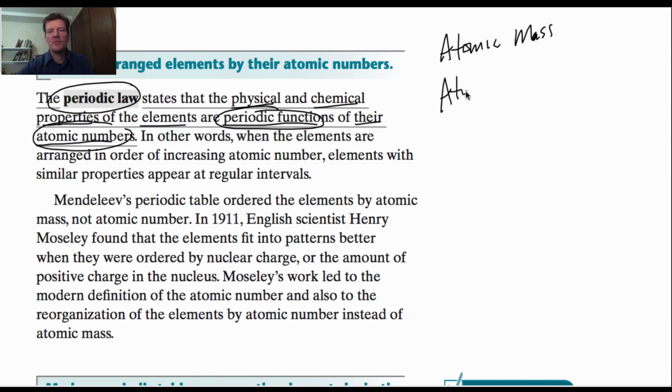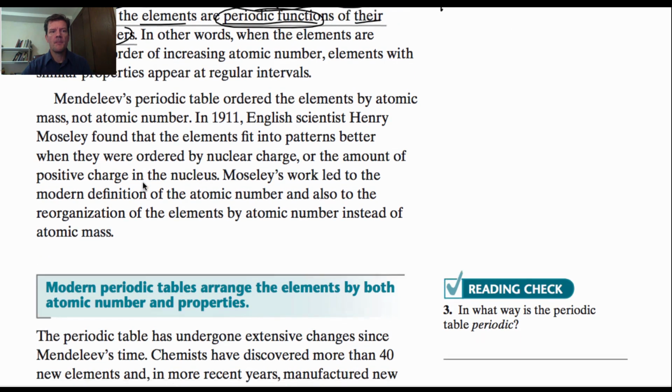The atomic number, if you recall, is the number of protons. So now we organize the elements according to the number of protons in the nucleus, and the pattern is still there. You still see a repeating pattern where elements that have similar physical and chemical properties are going to be in the same group or the same family, and we'll see that on the periodic table.